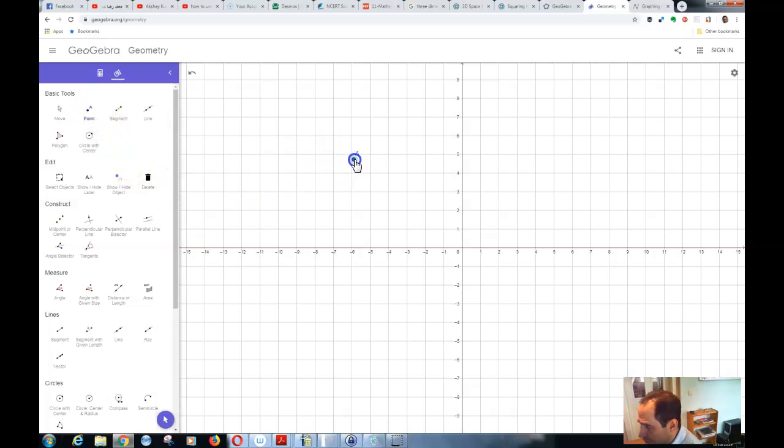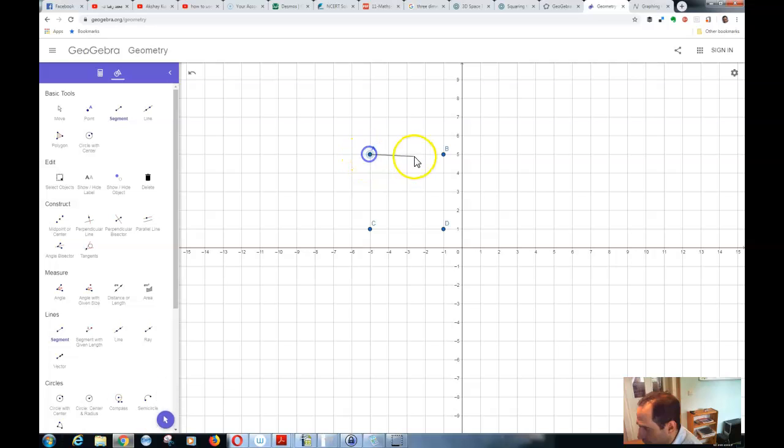If you put the point here, it will just snap to the intersection of the grids. That way you can make sure that you're exactly at the intersection of the two grids, and then you can put another point here, and here, and here, and that way you can make sure that this is actually a square.